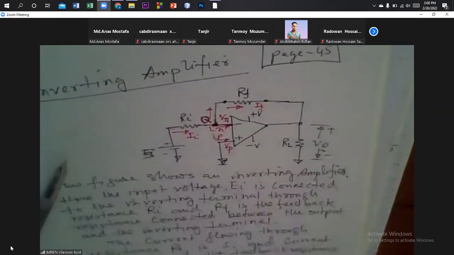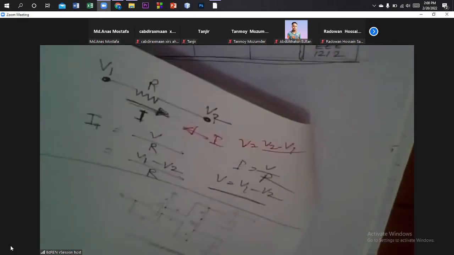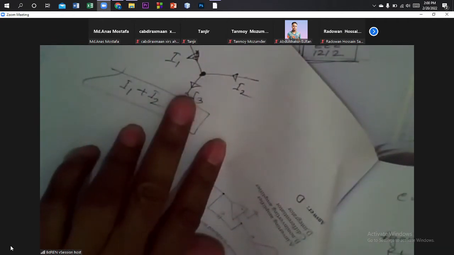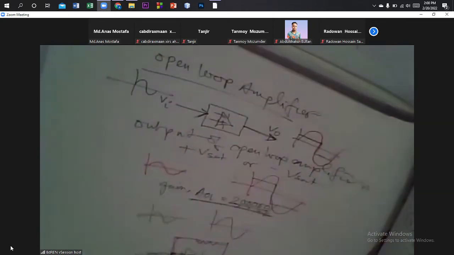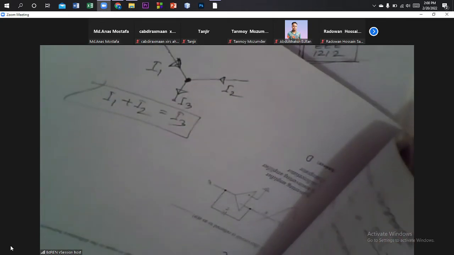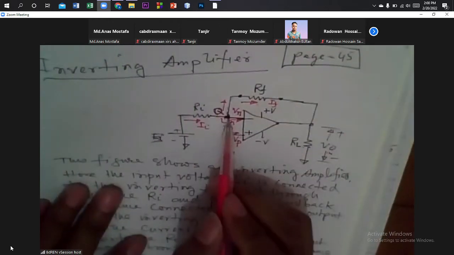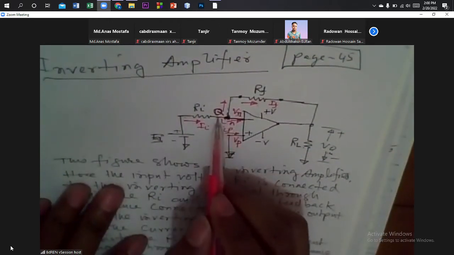How many junctions are here? Three. One, two, three.